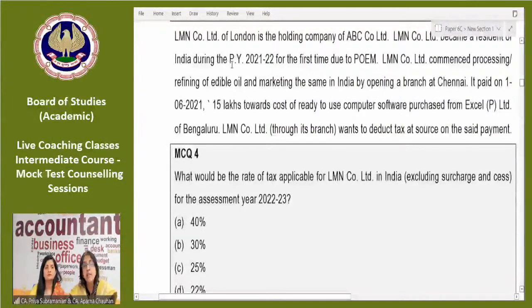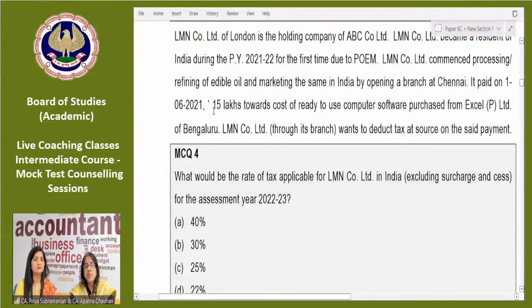It became resident in India during the previous year 21-22 for the first time due to place of effective management. Being a foreign company, if its place of effective management is in India, it becomes a resident in India. But it's for the first time it's becoming resident due to the application of POEM. LMN Company Limited commenced processing, refining of edible oil and marketing the same by opening a branch at Chennai.